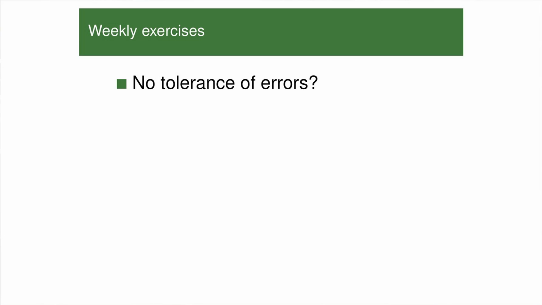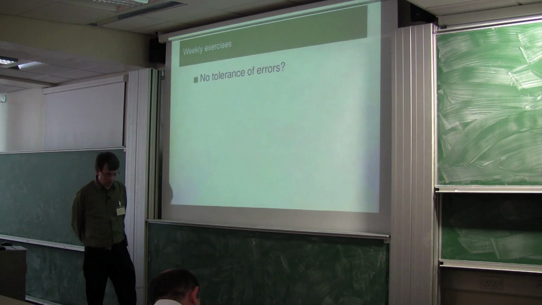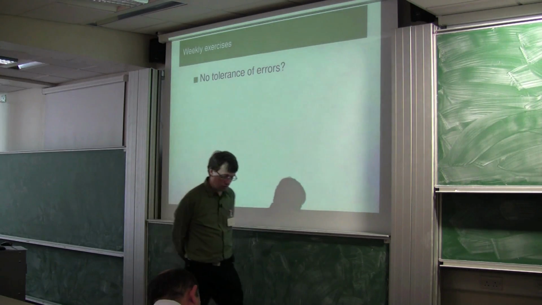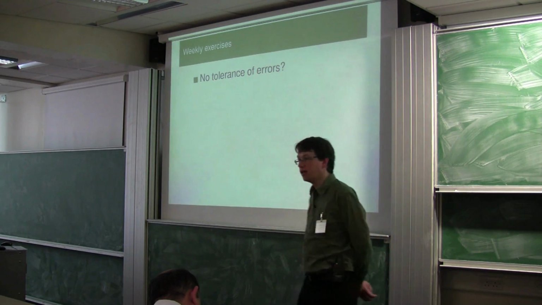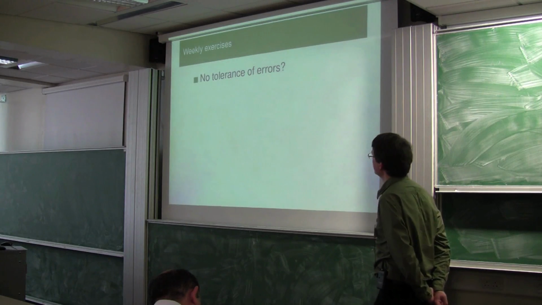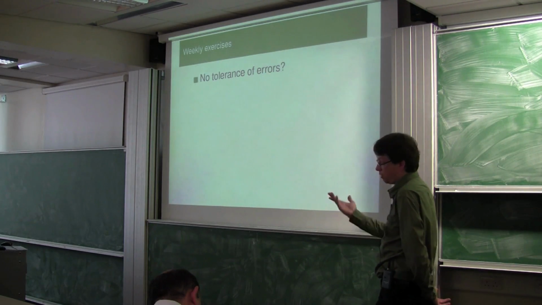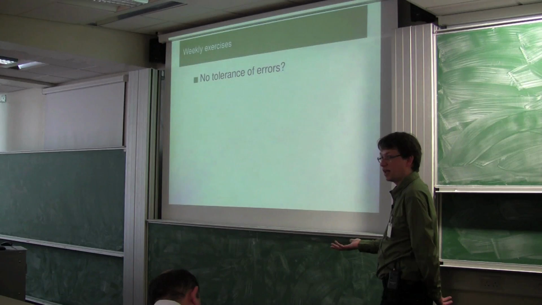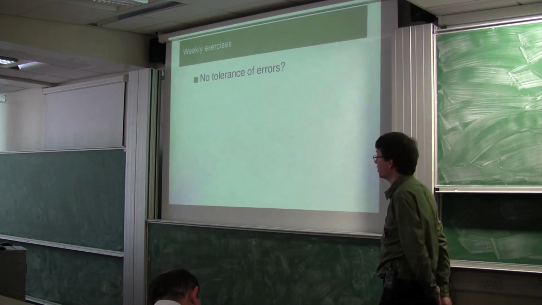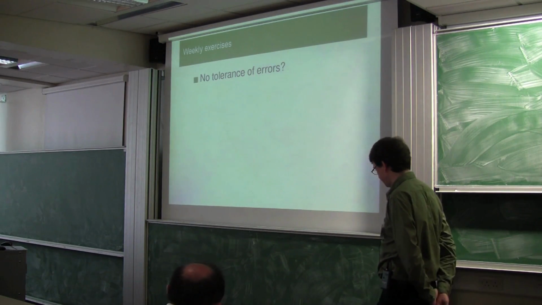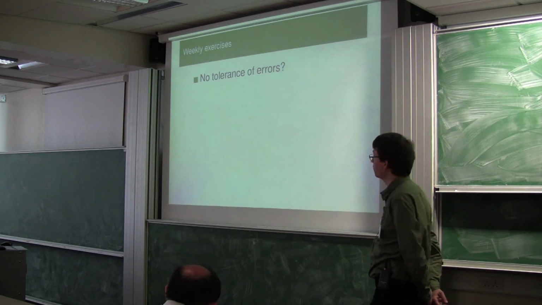When you're marking, should you show any tolerance of errors? That's an important question I think we all have to ask. Because right at the start, there are errors all over the place. It can be dispiriting for students to see their work like this. They're used to being good, getting a good pat on the head every time they hand in their homework, and now they're getting all these, this bit's wrong, that bit's wrong.